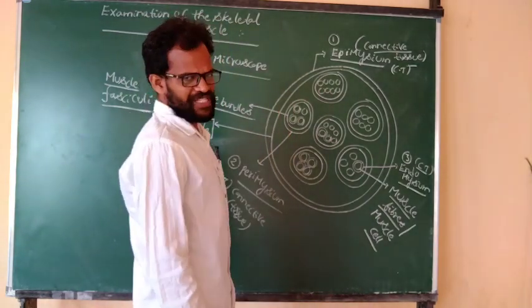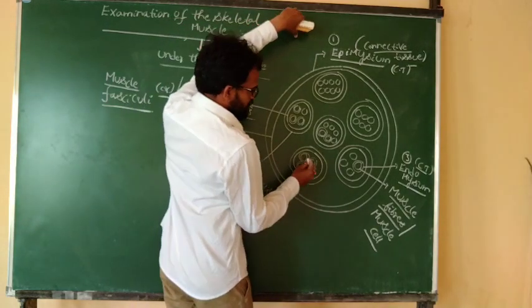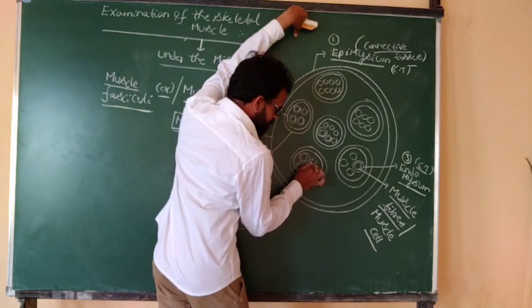Each muscle fiber consists of thick filaments and thin filaments.